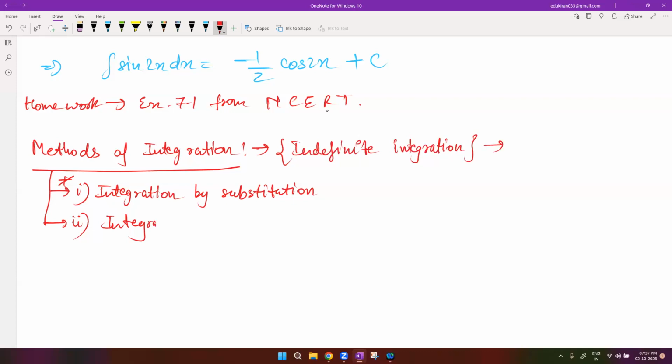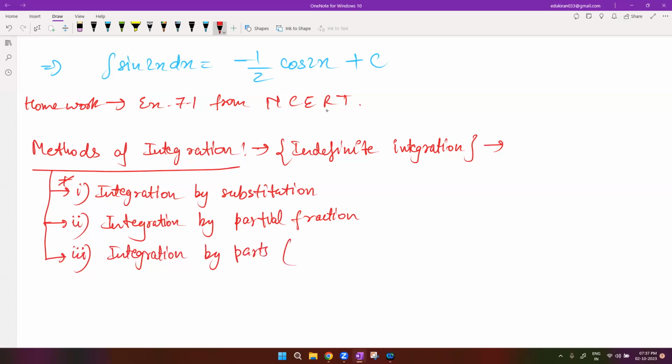So second would be integration by partial fractions. We will learn what partial fraction is and how we can integrate a function using partial fractions. And then third will be integration by parts. I have just described this. So this is nothing but the product rule for integration.